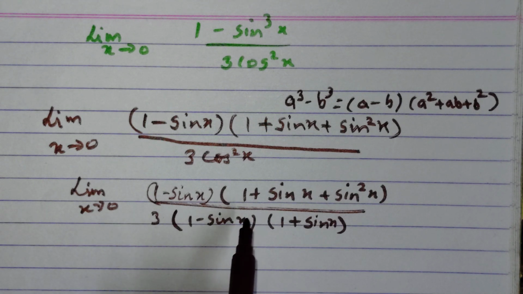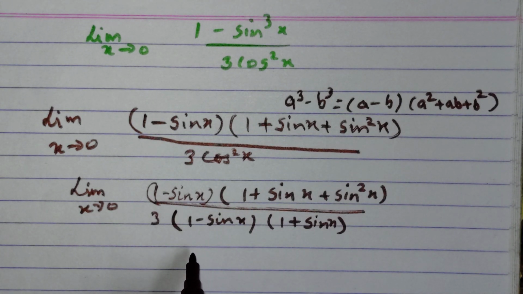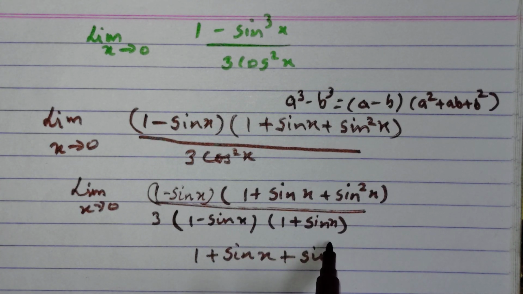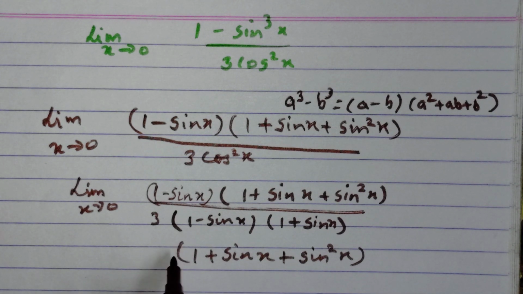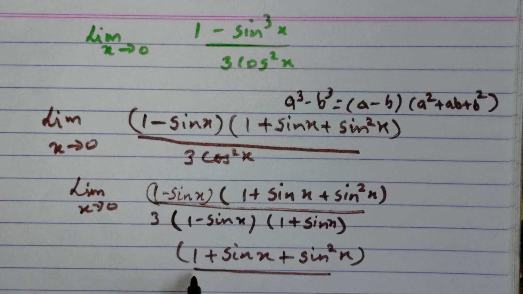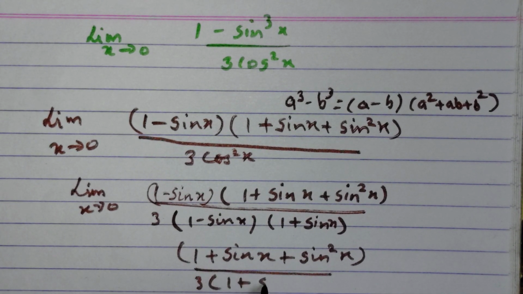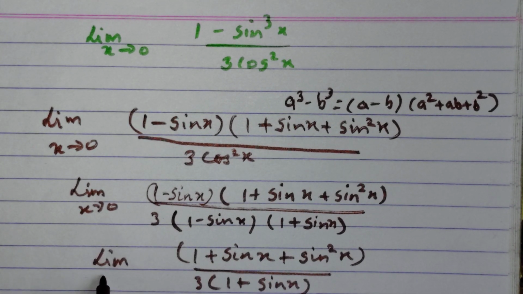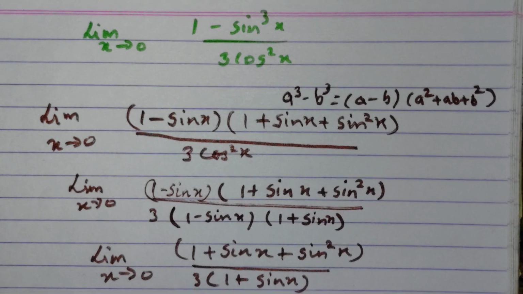And if I replace the value, first I simplify the left term, (1 plus sin x plus sin square x) upon 3(1 plus sin x), and there is limit x tends to 0.